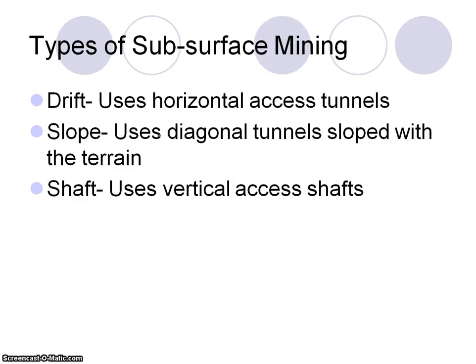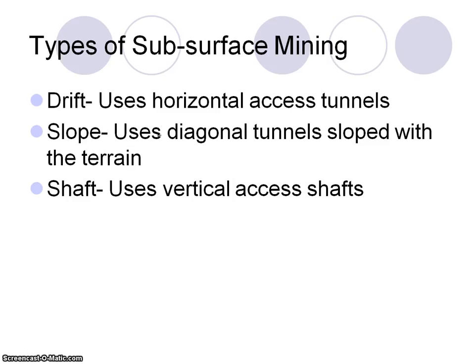You can get a drift mine, which digs a horizontal tunnel, access tunnels into the site that you want to blast, and then they'll use dynamite, ammonia-based, maybe even nitrogen-based materials to blast and then remove the materials that way.